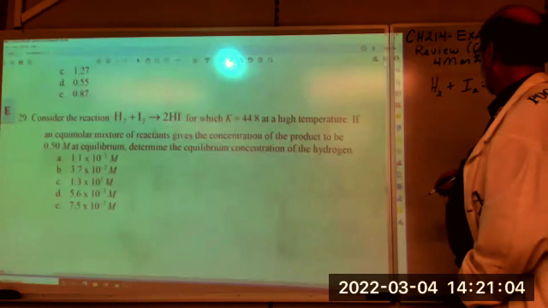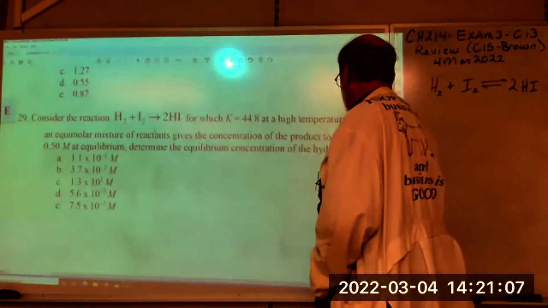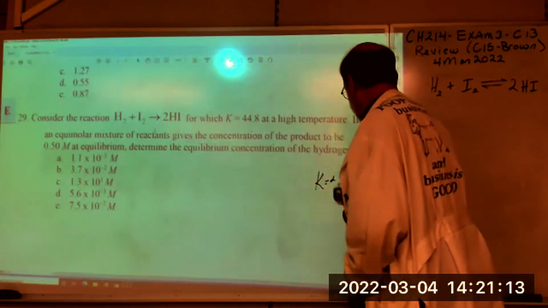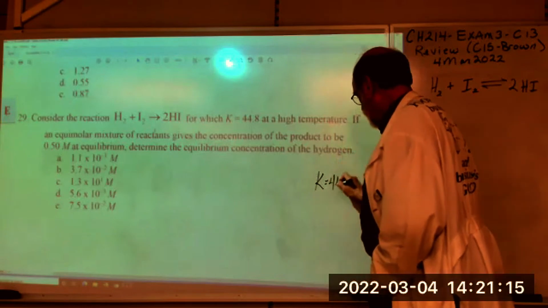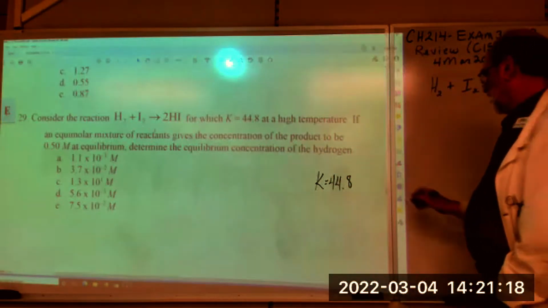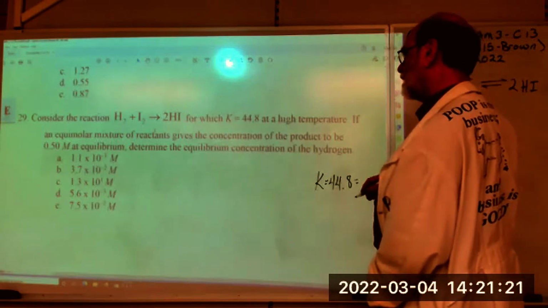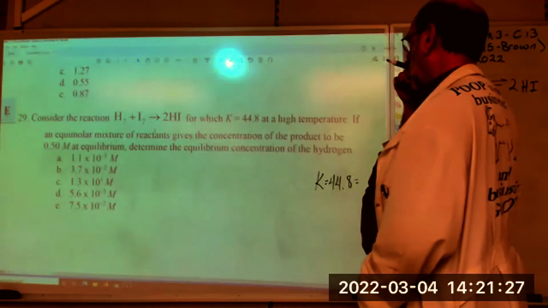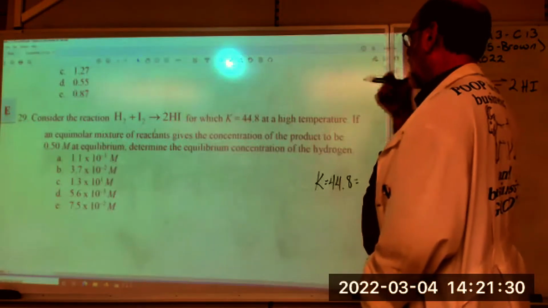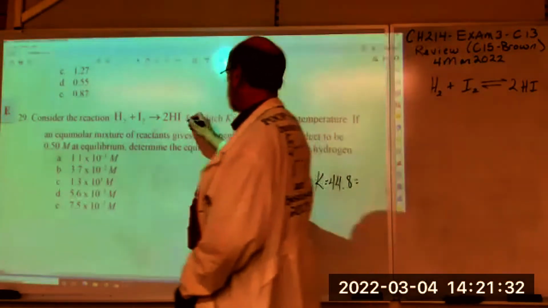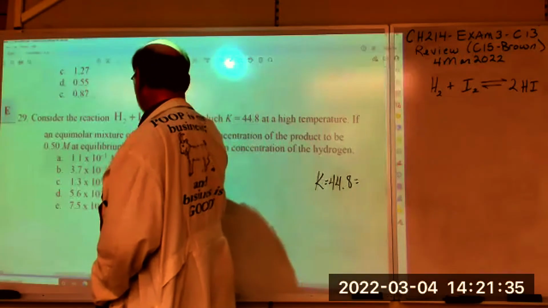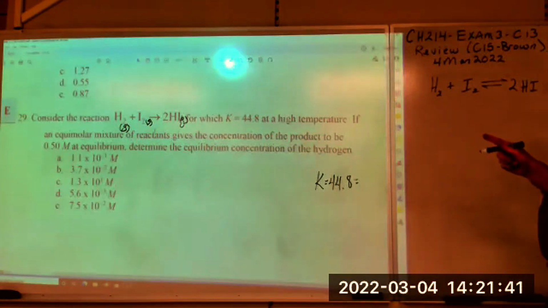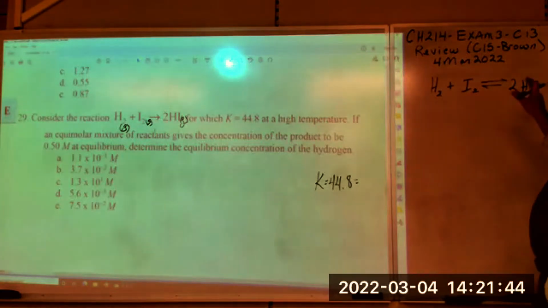I. And the K equals 44.8. That's equal to hydrogen iodide is a gas. This is a solid. That's a gas.